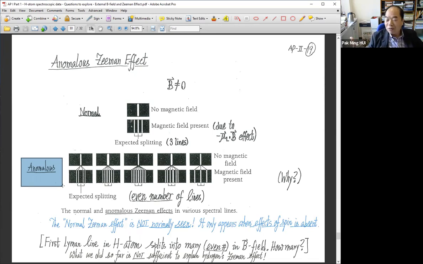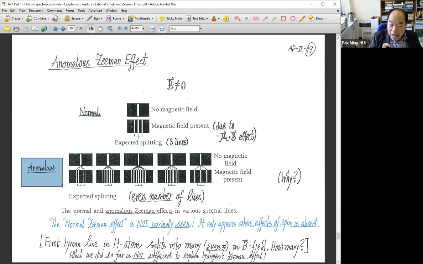We have to ask then, hey, we did quite well. We solved this additional effect exactly, assuming the only effect comes from the orbital angular momentum. So what's wrong? The answer is obvious. We ignored the spin so far. So maybe when we include orbital and spin angular momentum into consideration, accompanying that is a spin magnetic dipole moment.